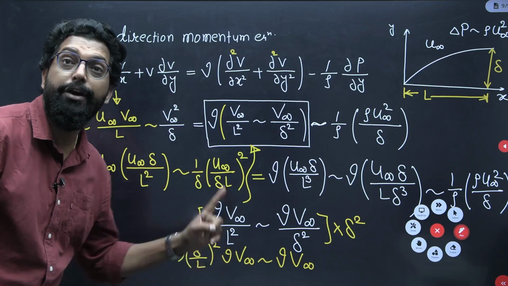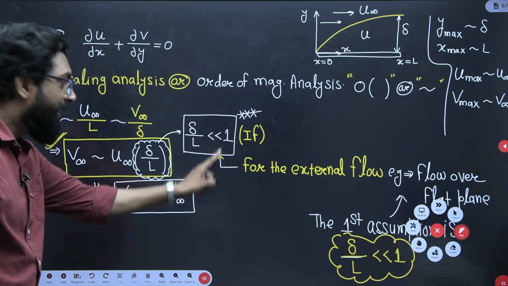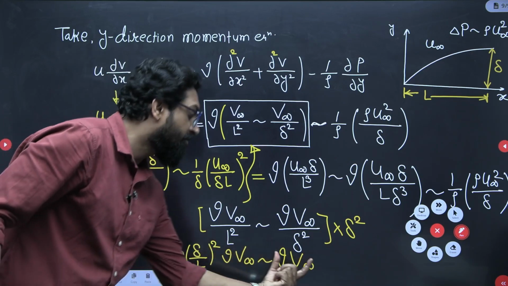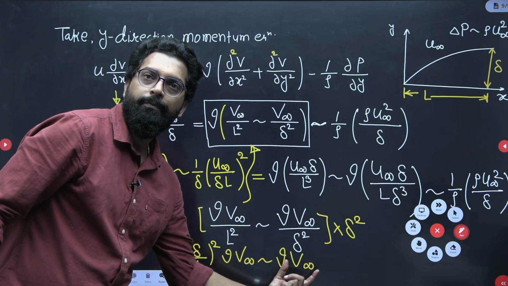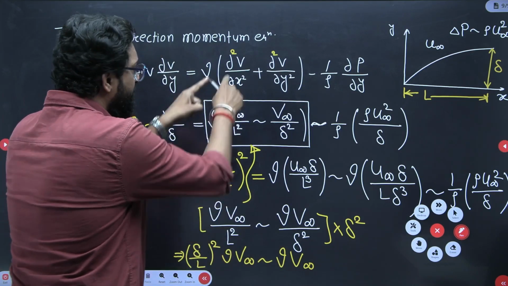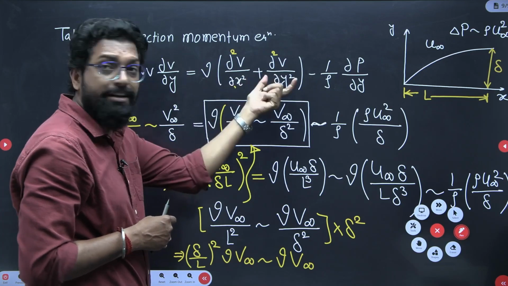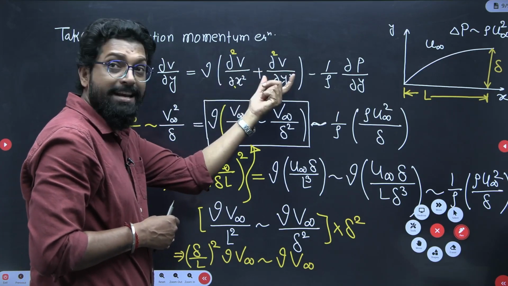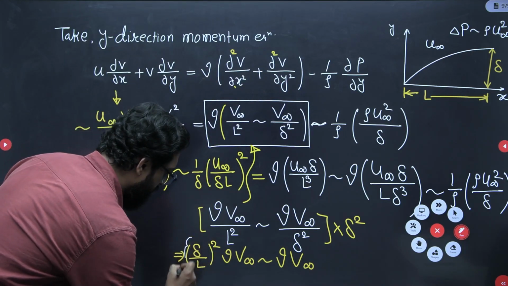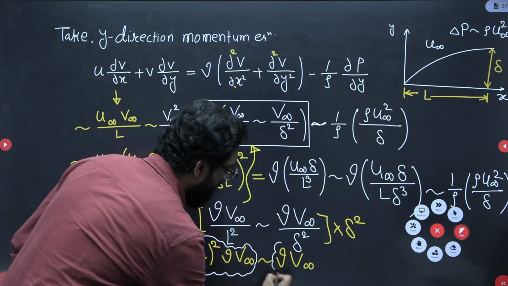See, very, very important. What is that? Delta by L is very minimum. That means this term is very, very minimum as compared to this term. This is the diffusion in x direction, and this is the diffusion in y direction.